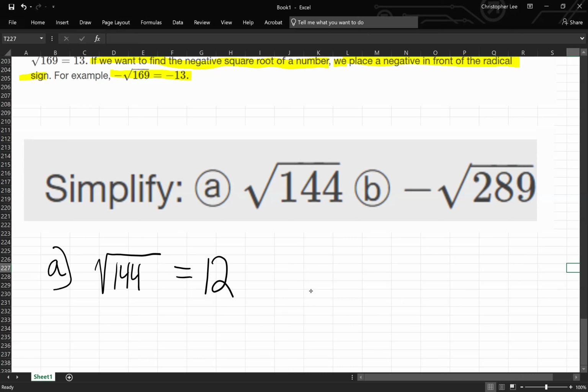How about B? This is negative square root of 289. Negative 17. That's good. That was a little bit hard. 289 is 17 squared.